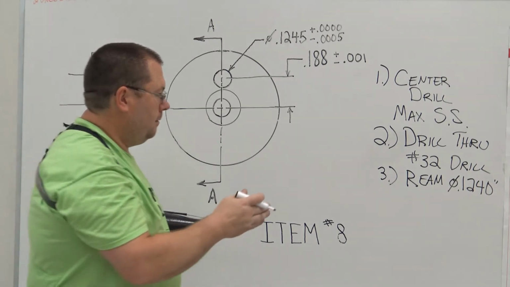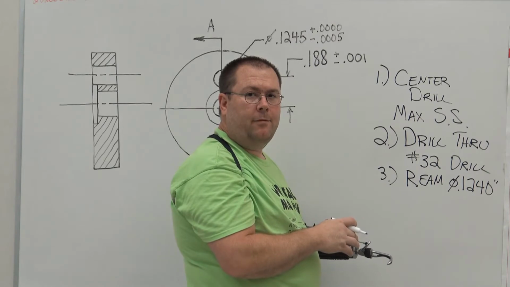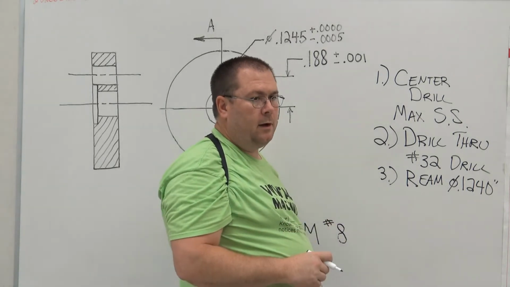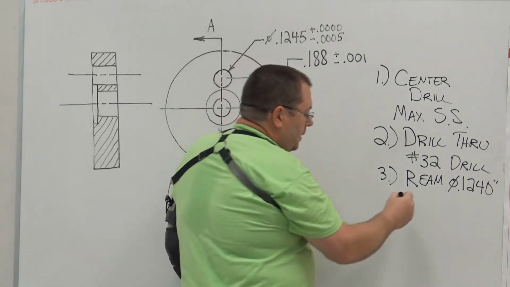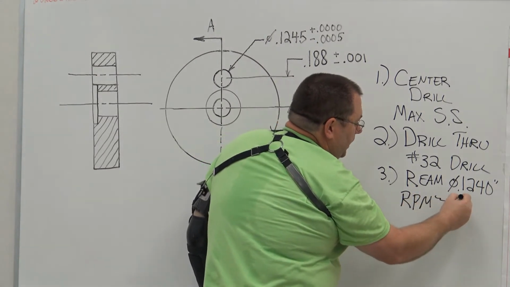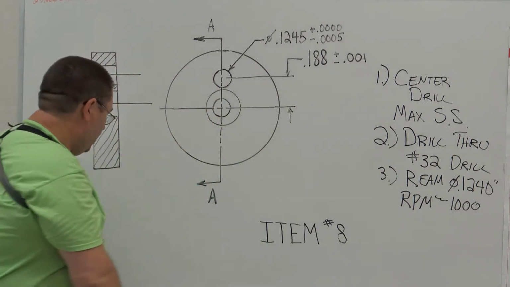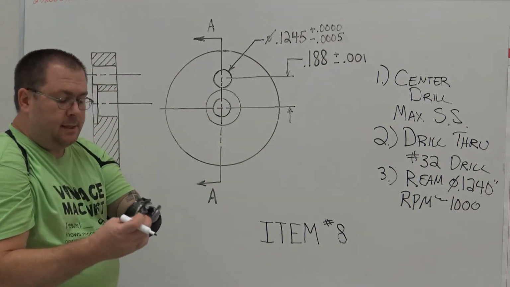But for our purposes, I'd like to stick in the RPM range of about 1,000. It just works really well. It controls the size. So I'm going to say RPM approximately 1,000.